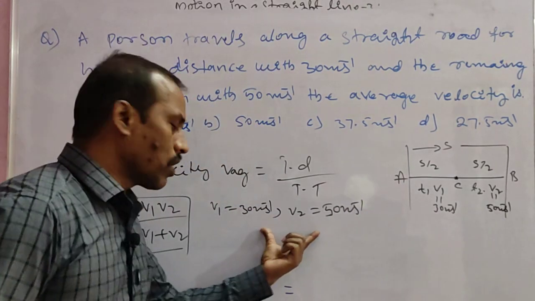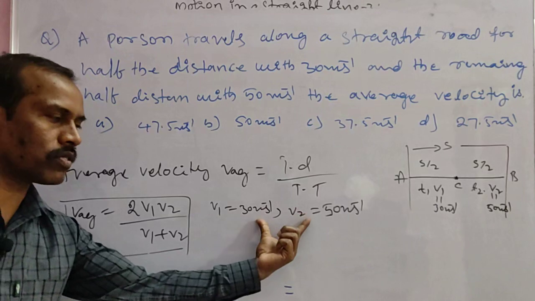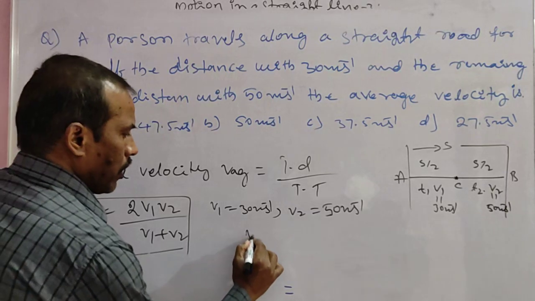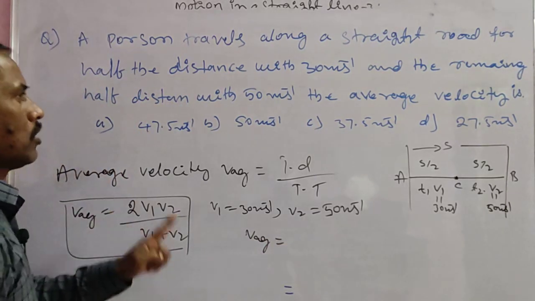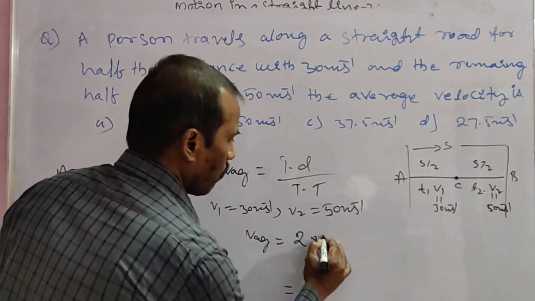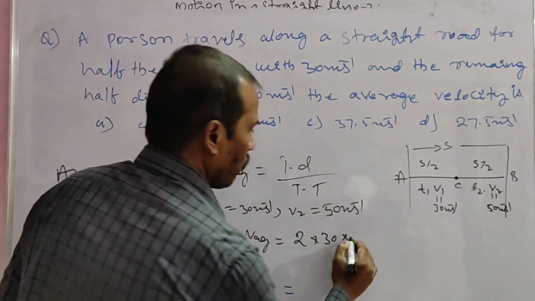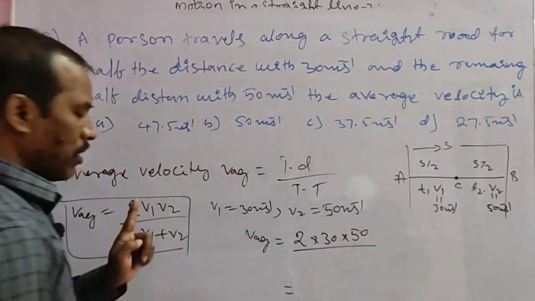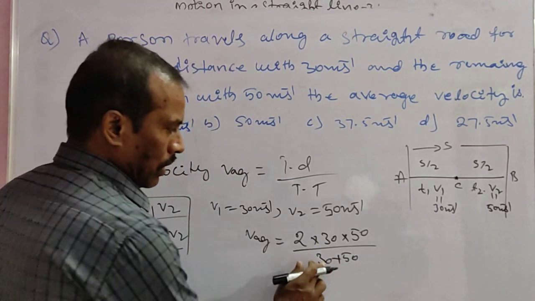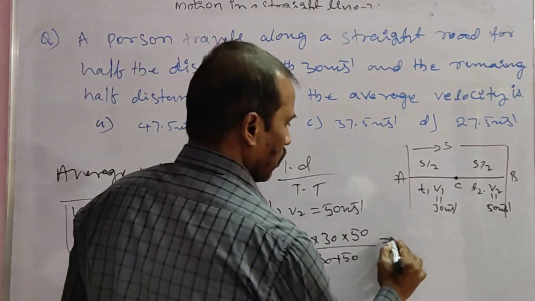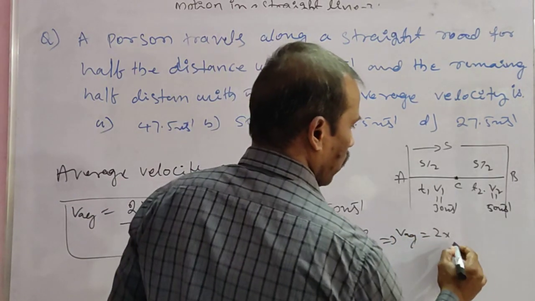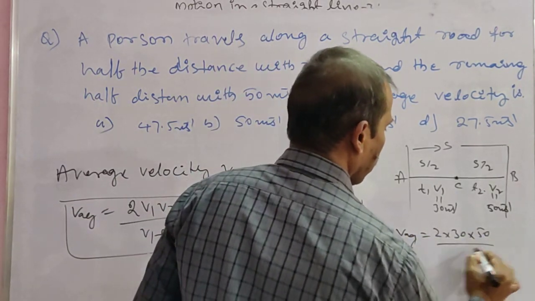So substituting these two values in this formula, average speed is equal to 2 into v1 value 30, and v2 value 50, by v1 plus v2, that means 30 plus 50, which is equal to 80. So average velocity is equal to 2 into 30 into 50 by 80.